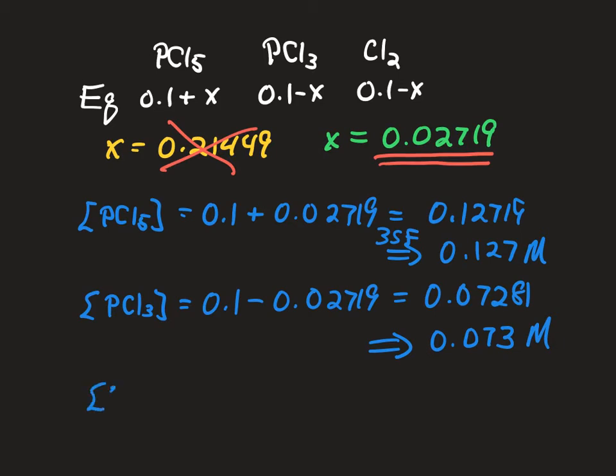And the same thing would be true for chlorine. 0.1 minus 0.02719 equals 0.073 molar with the same consideration.